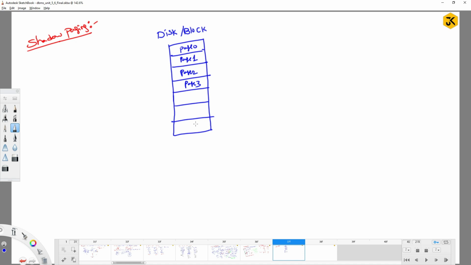So if I say shadow paging, it means simply maintaining a redundant copy of the data. How are we going to maintain the redundant copy? If somebody is trying to perform some kind of modification, I may maintain a first redundant copy.